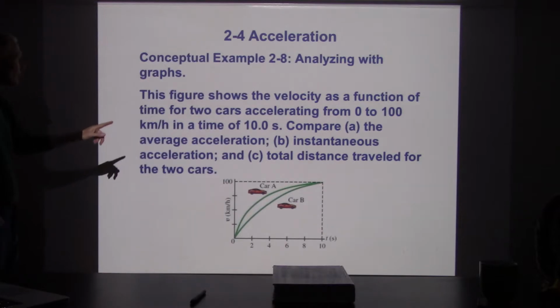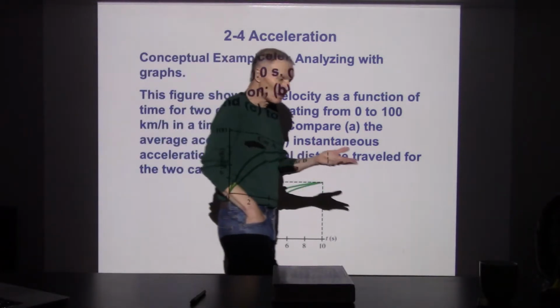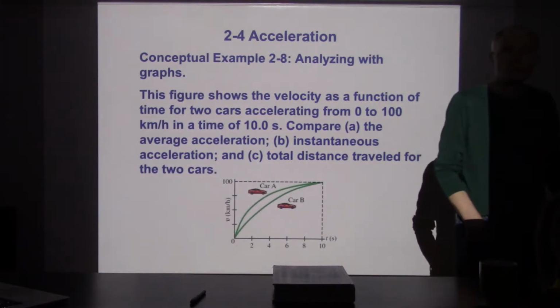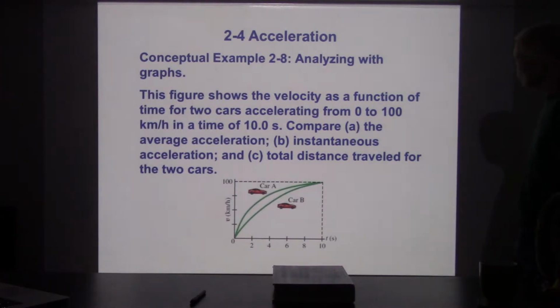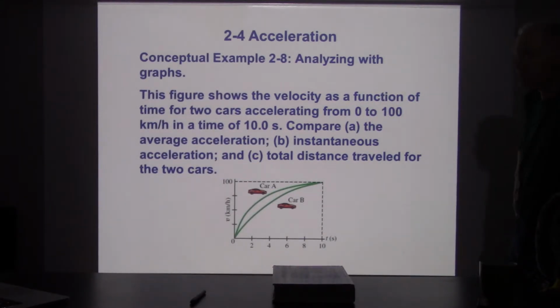Now, what about the total distance traveled by the two cars? Did they travel the same distance? Because it looks like during the same time interval, they both reached the same maximum speed. Did they travel the same distance? Now, displacement is going to depend on how fast, we have to add together how fast they were traveling at all the different times.